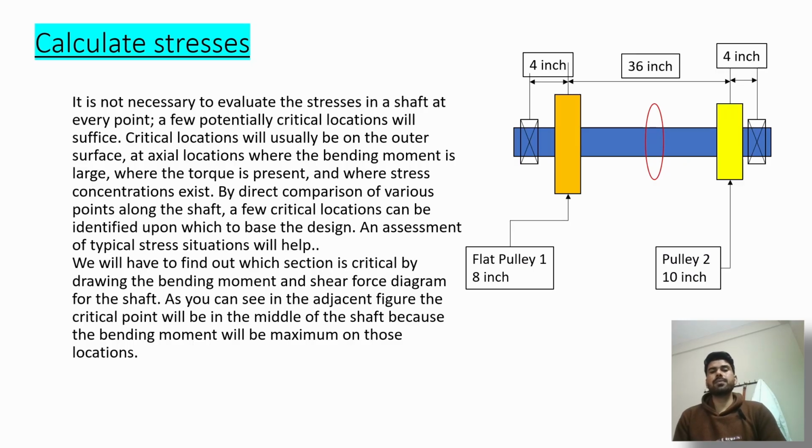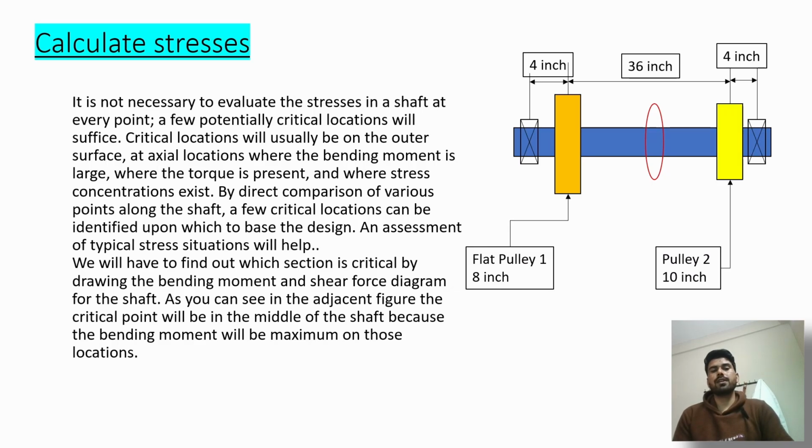By direct comparisons of various points along the shaft, a few critical locations can be identified upon which to base the design. An assessment of typical stress situations will help.